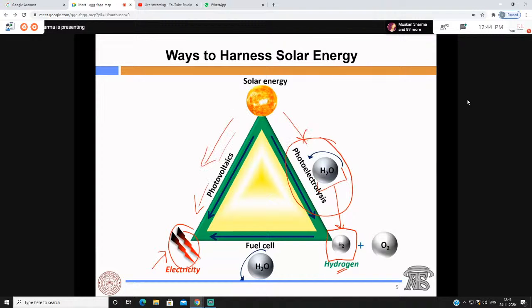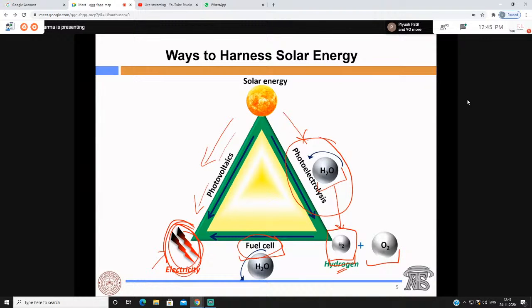Okay, so this is the third thing. The fourth thing is that hydrogen and oxygen can recombine together to generate electricity. This is a reversible reaction, which is known as a fuel cell. Hydrogen and oxygen combine together in a fuel cell and produce electricity. And of course, the byproduct is the water molecule again.